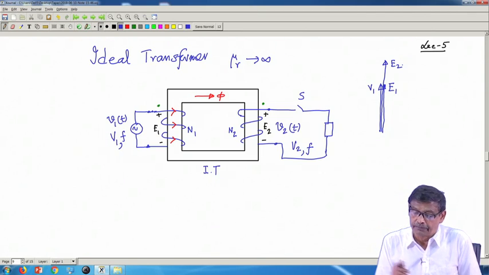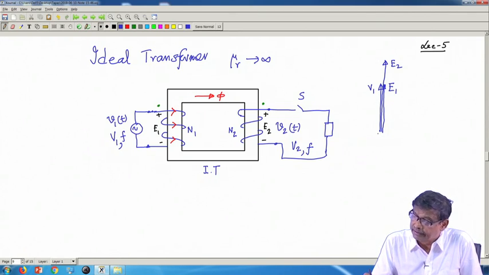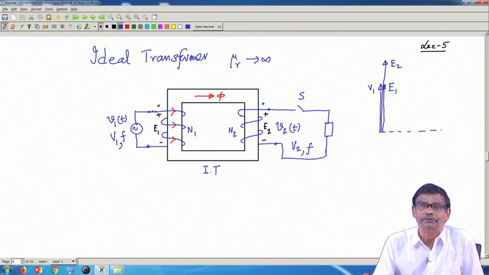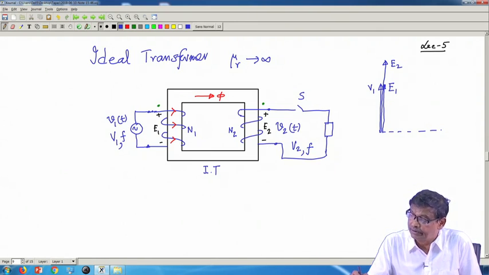So, this is the applied voltage, and the magnetizing current would be lagging by 90 degrees, but in this case it is 0, there is no magnetizing current. This is the open circuit (OC) phasor diagram.